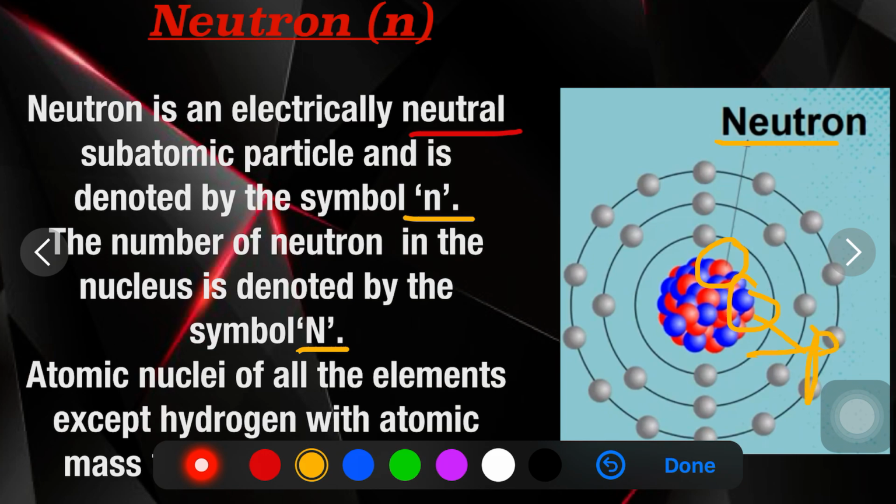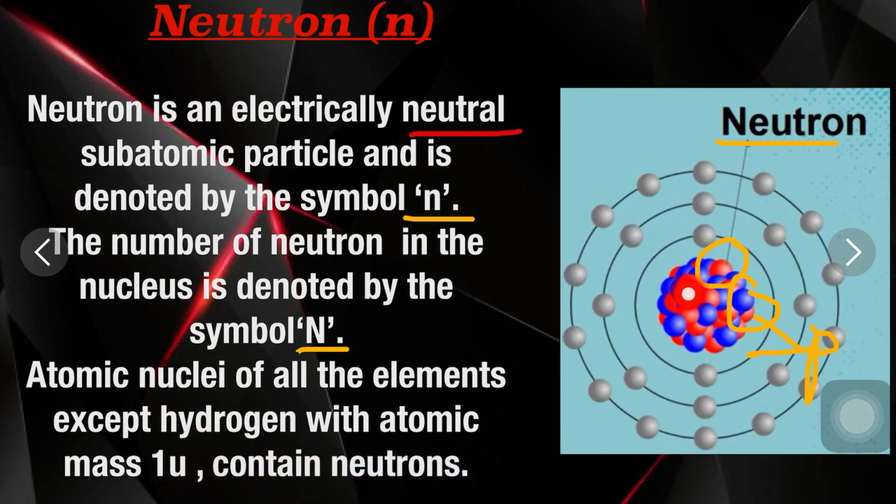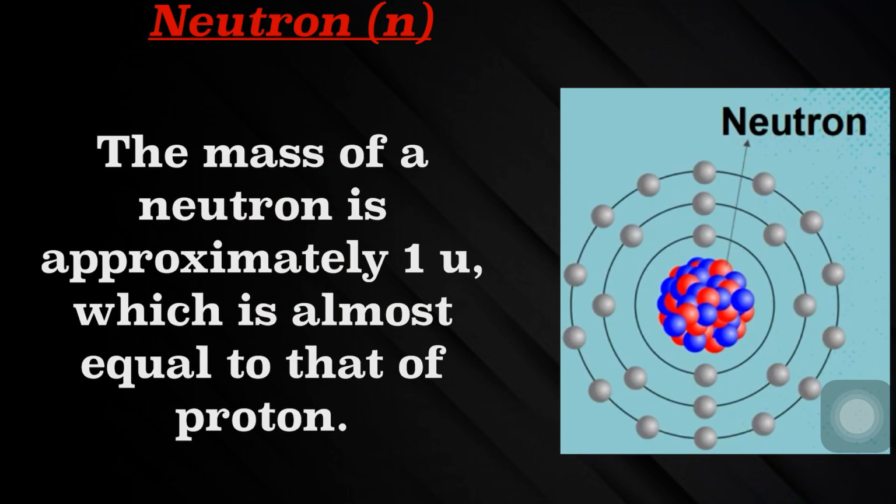The proton is positively charged and the neutron has no charge, and these together are in the nucleus. The mass of a neutron is approximately 1 u, which is almost equal to that of a proton. So student, the mass of neutron and the mass of proton are almost equal.